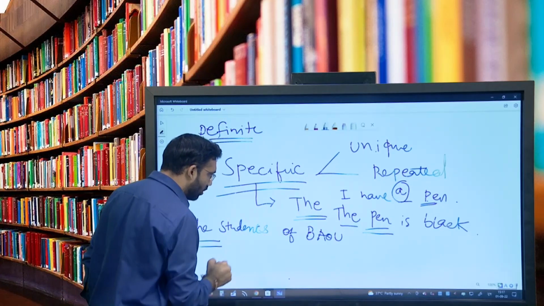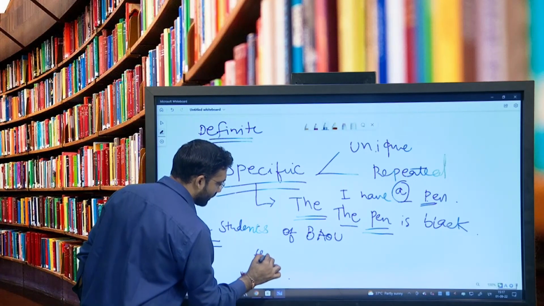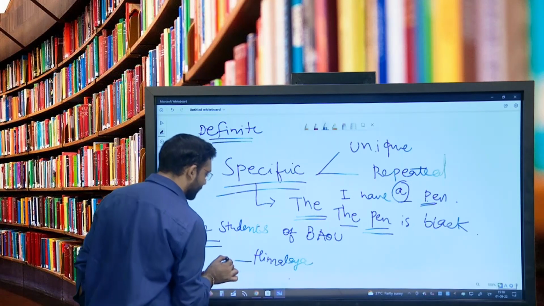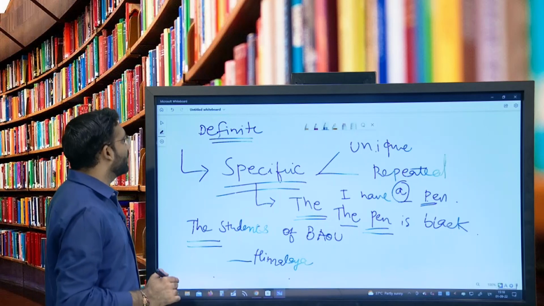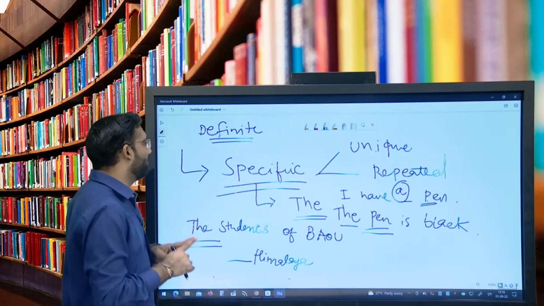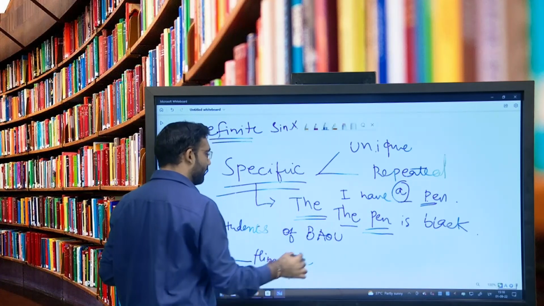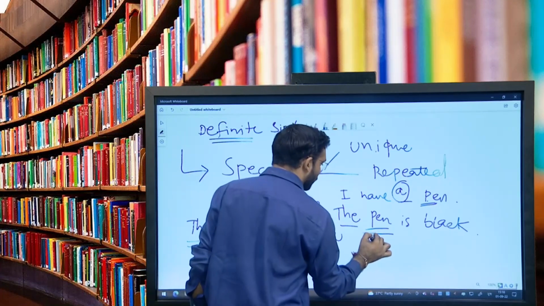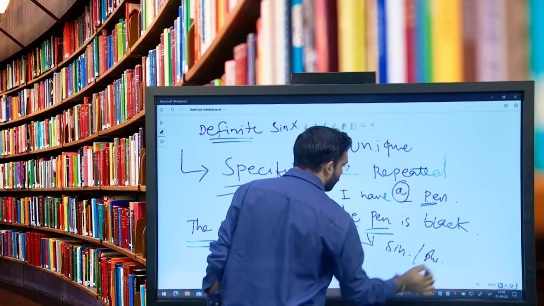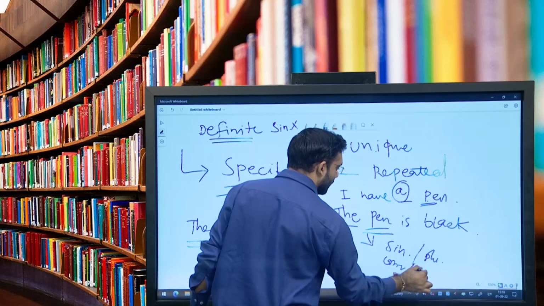Now, when I talk about something unique, such as Himalaya, remember there is no condition like it should be plural. There is no condition of singular. It can be used before singular or plural. It can be used before both common and proper.